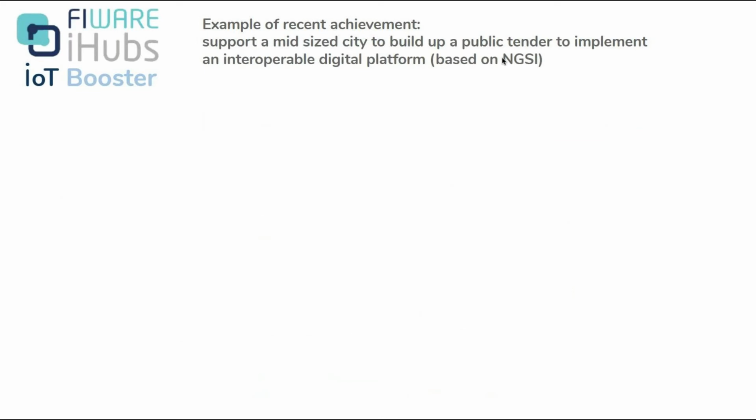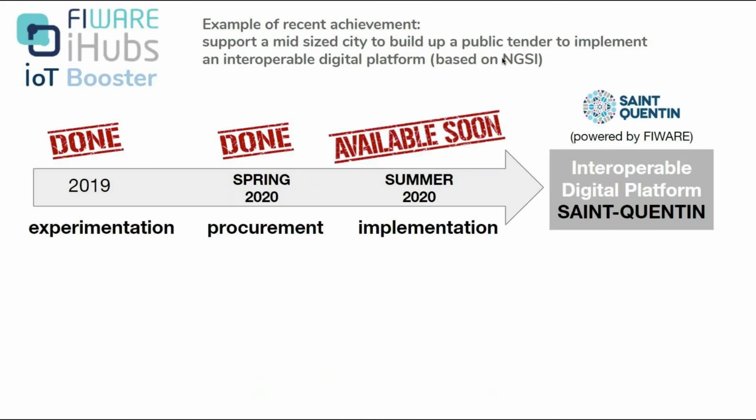Another example of achievement, this time related to the public sector. We have supported the city where we are located, in northern France. The city is called Saint-Quentin, with the building up of a public tender to implement an interoperable platform based on FIWARE. It was a long journey. It started, I think, almost 2 years ago.